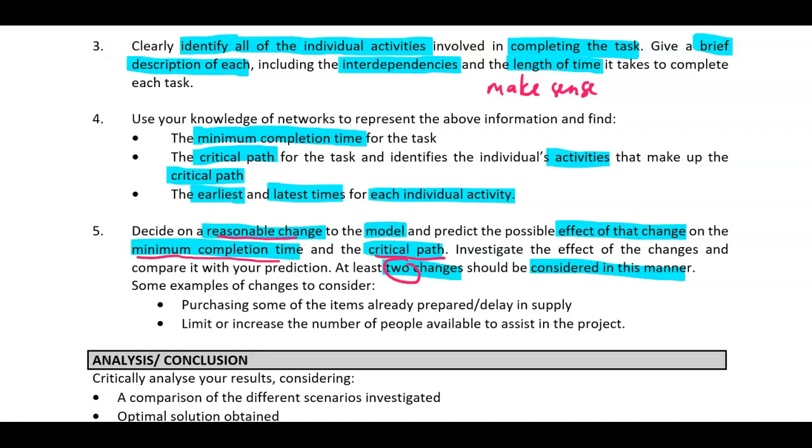So these are some of the examples. For example, if you purchase some of the items and there is any delay, this is one example of a change. Or it can be, let's say, in terms of the manpower available to assist the project. So let's say I have more manpower, more members, or I have less, right?